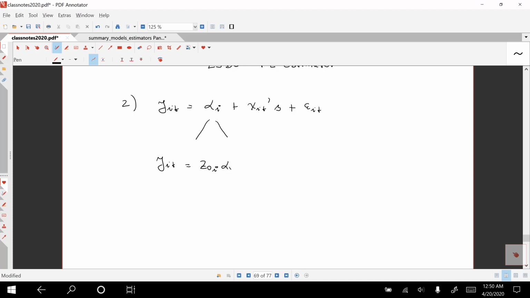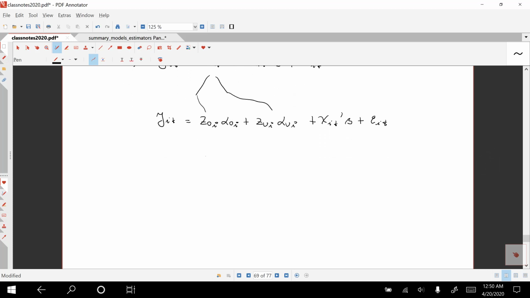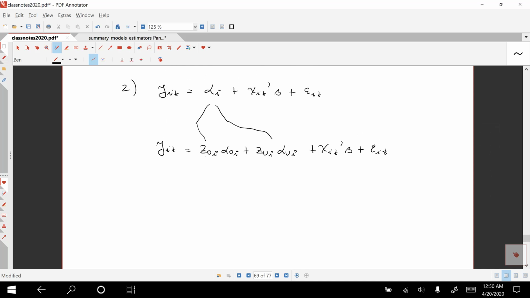One is going to be a vector of observed time-invariant variables. Of course, in the fixed effects model, we cannot estimate that, since that alpha i is going to vanish.